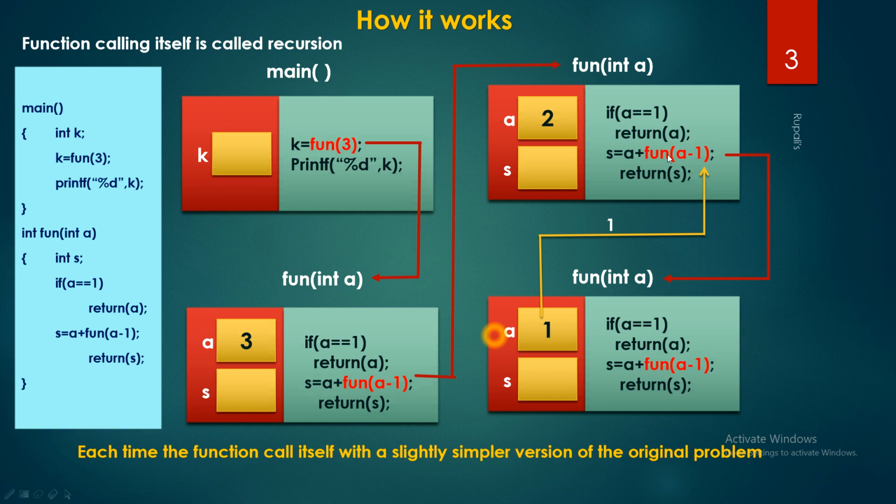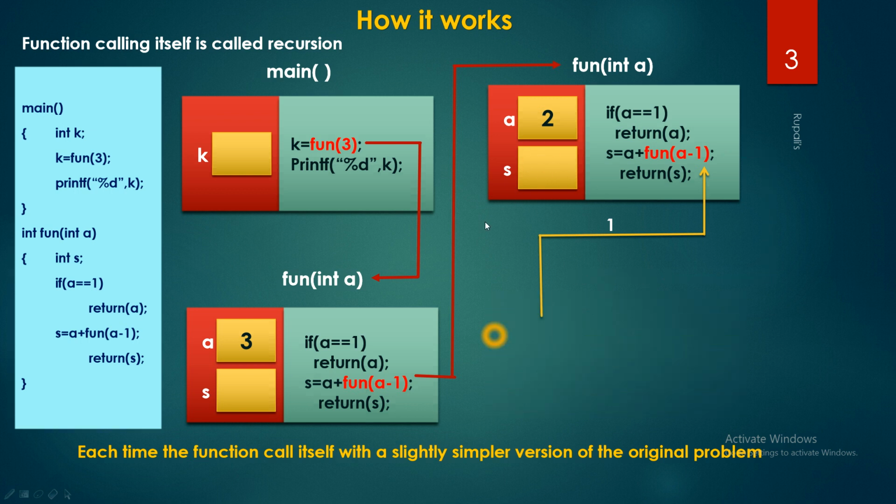Now the value of a is 2, and fun(a minus 1) returns 1. So 2 plus 1 is 3. So 3 is stored in s. So the value of s is now 3.